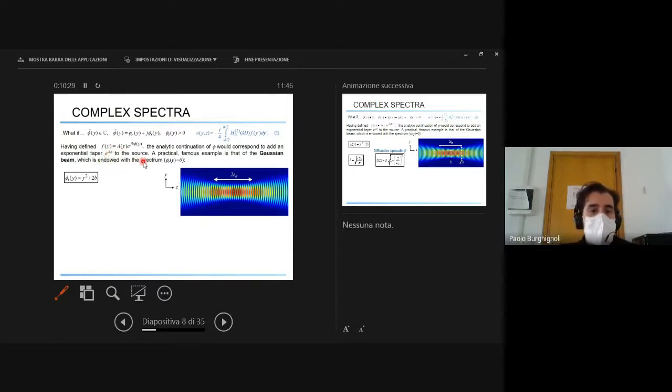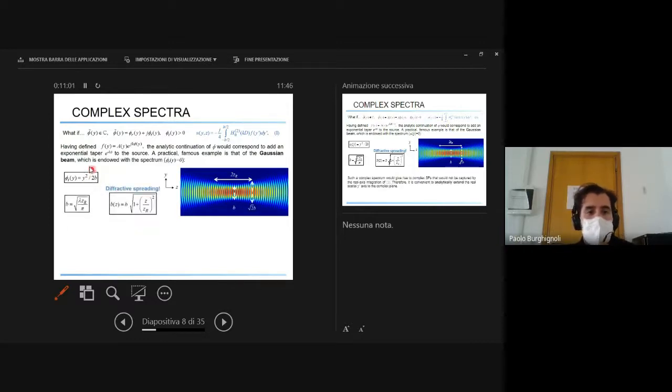And this is practically a famous example of a Gaussian beam, that is a beam that has an exponential taper on the source and is characterized by an imaginary part of the phase that is equal to the square of the spatial variable along the y-axis divided by 2b, which is in connection with the dimension of the source.